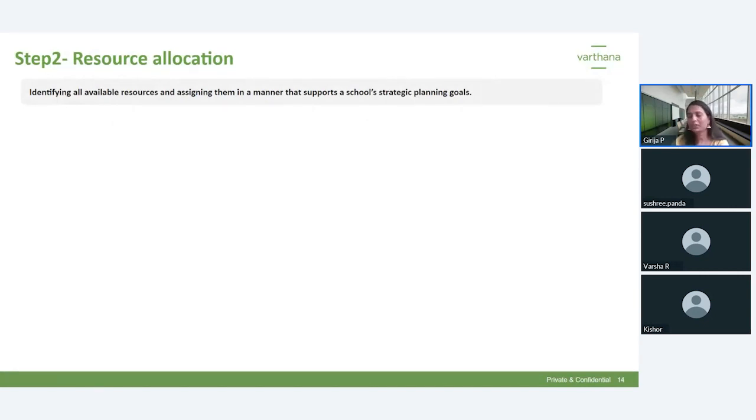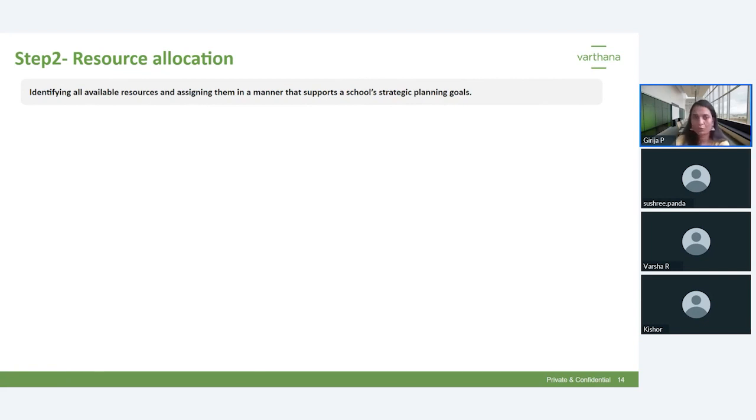You have seen in our tool, where we have done this cash flow, we are understanding how much cash is coming in and out every month. There are a few months where we are lacking cash and we don't have enough money to do the expenditure at that point. So there the resource allocation plays a major role.